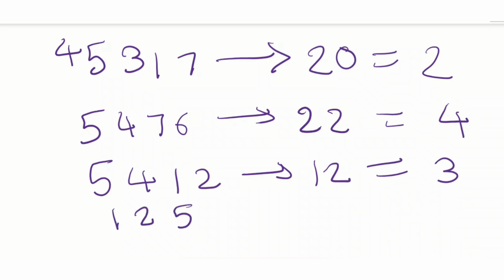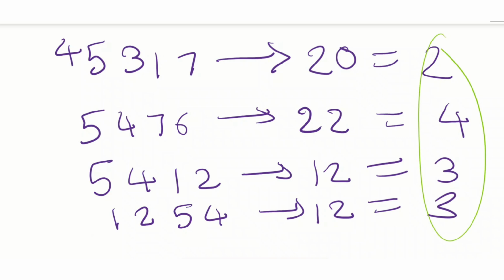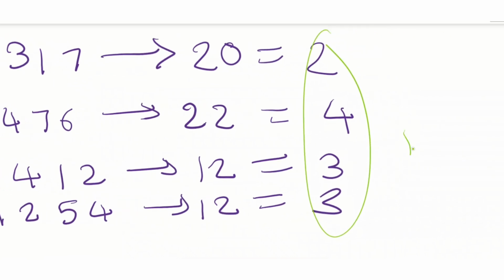Lastly, 254 gives us again 12 because it's literally the same digits as the previous one. Just interchange 3. Let's add all of these together. So that is 6 plus 6, 12, which essentially gives us 3.